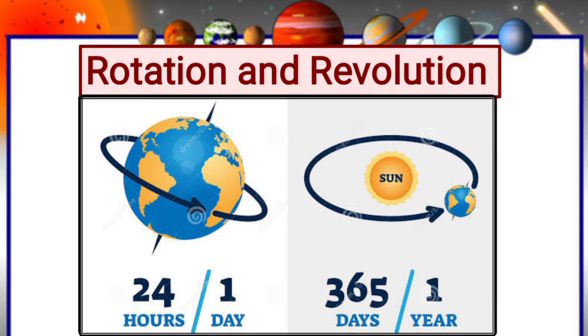This means that it is used when one body moves around another, while rotation is used to mean the movement around the axis. For example, the Moon revolves around the Earth and the Earth revolves around the Sun. This movement of the Earth around the Sun in a fixed path is called a revolution.